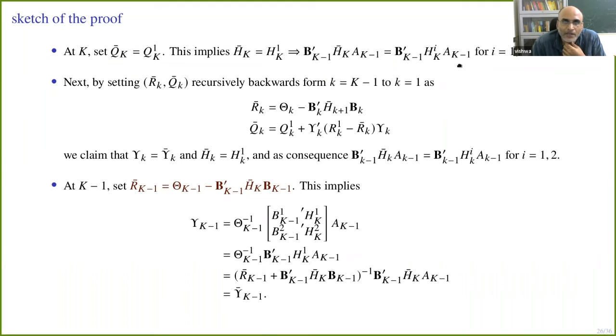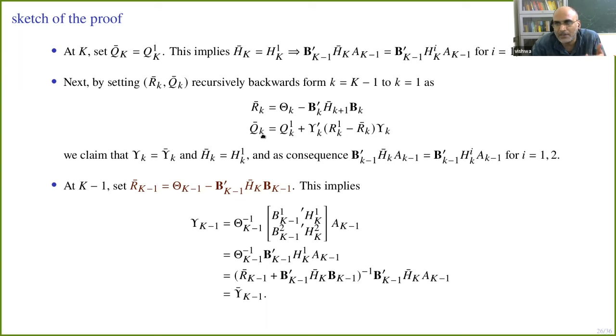Now we have to set the parameter RK minus 1. The idea here is that RK at any time K can be set as follows, where HK plus 1 is computed before in the previous step. Once RK bar is fixed, I can fix QK bar.